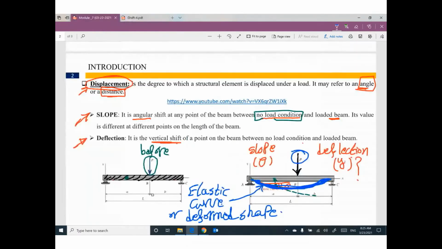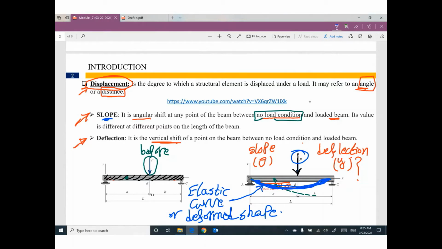So until this moment, we learned the meaning of displacement. Displacement means deflection and slope. Slope means rotation. Deflection means vertical movement.